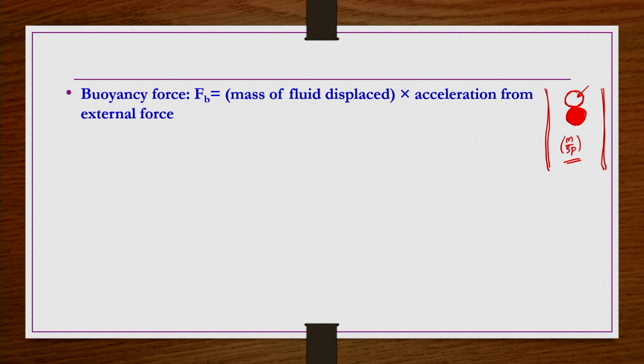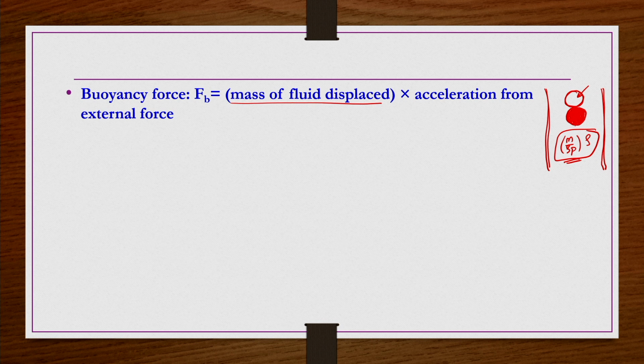But we need to know the mass of the fluid displaced. If this volume of the fluid is multiplied by the density of the fluid, then you will get the mass of the fluid that is being displaced by the particle.